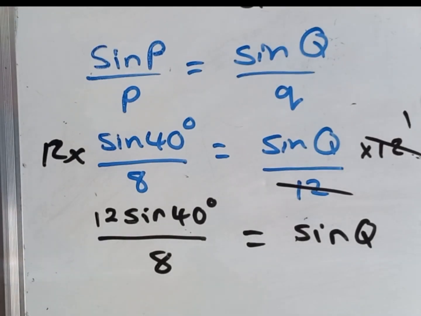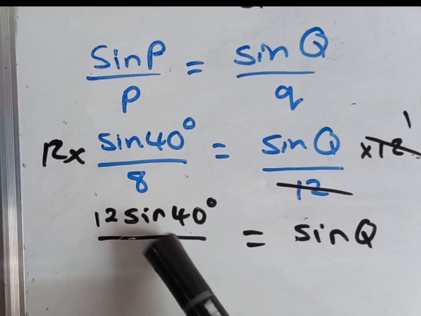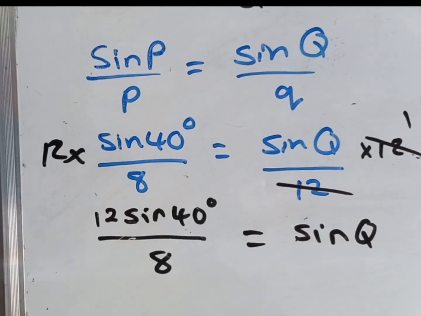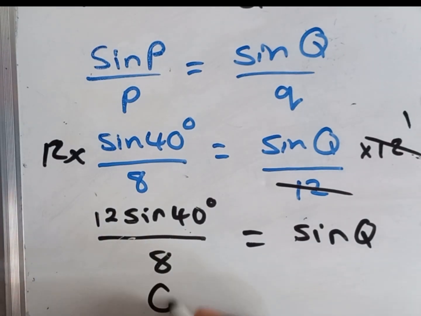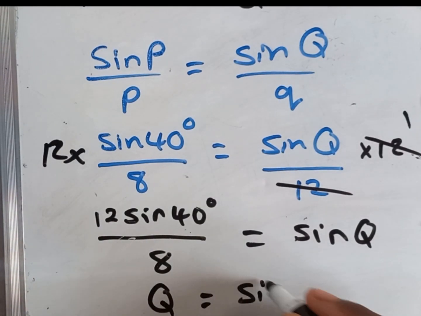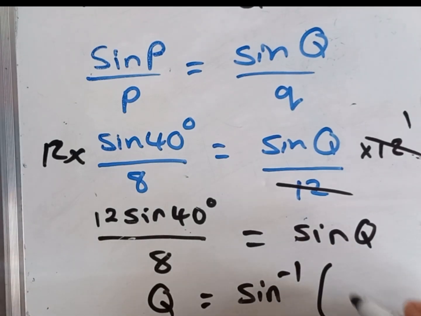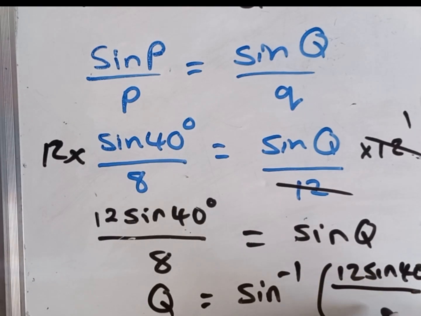You can choose what to do. You can punch this first, write the decimal, and then introduce the arcsine of the value. But I'm just going to write Q is equal to the arcsine of 12 sine 40 over 8.